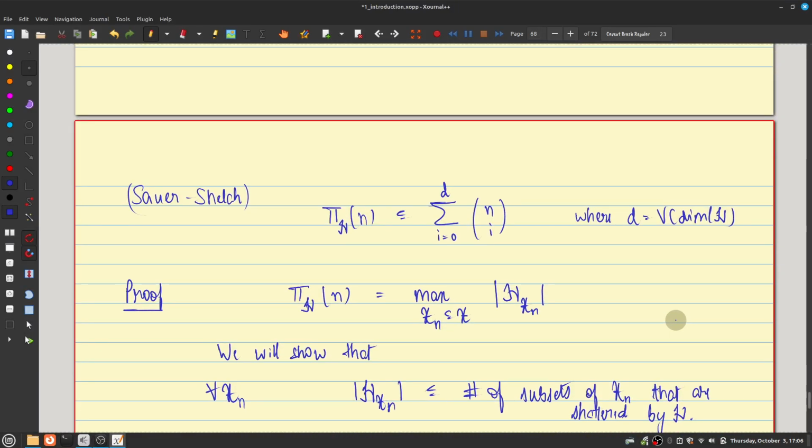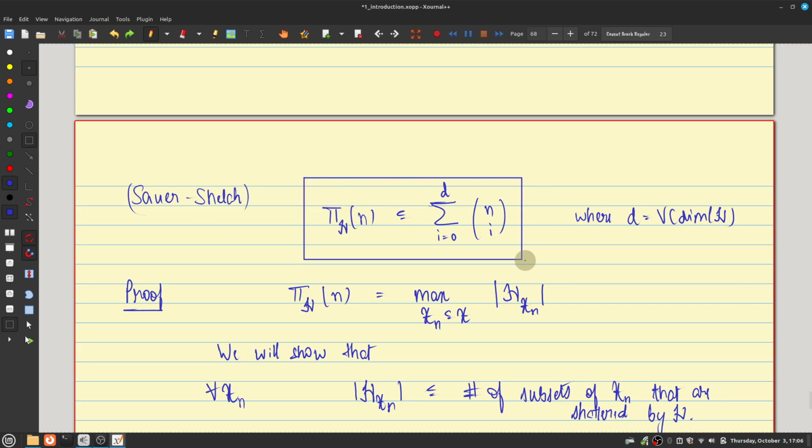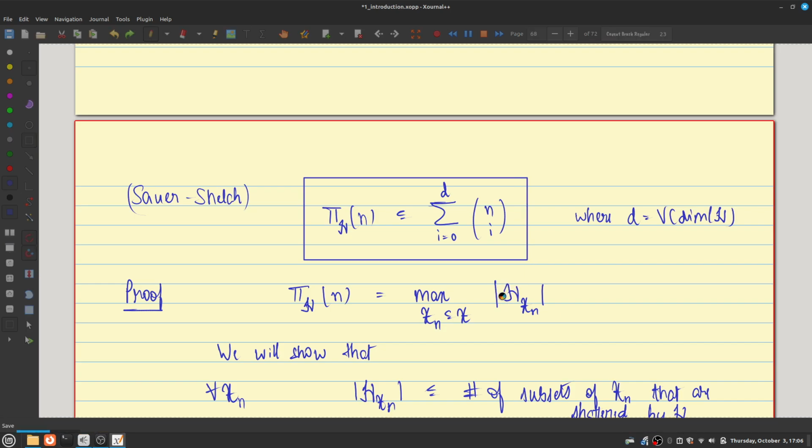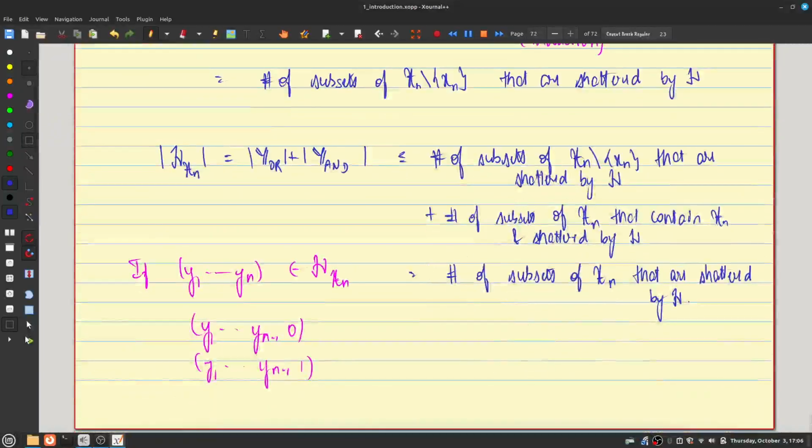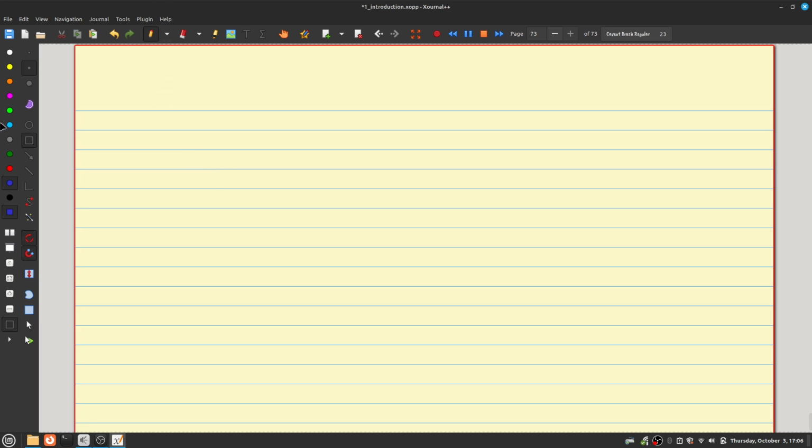So the growth function is upper bounded by the summation i equal to 0 to d of n choose i.